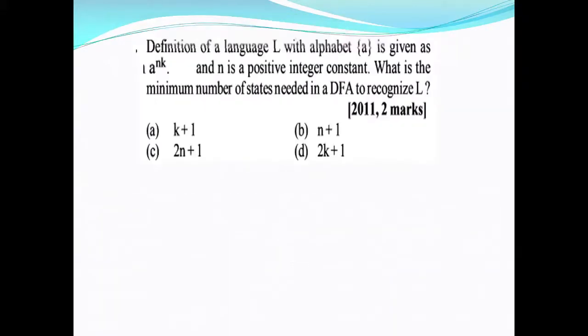Next. Definition of a language L with alphabet A is given as A power nk, and n is a positive integer constant. That means a language L is given like this, A power nk, such that n is greater than some value. n can be 2, n can be 5.